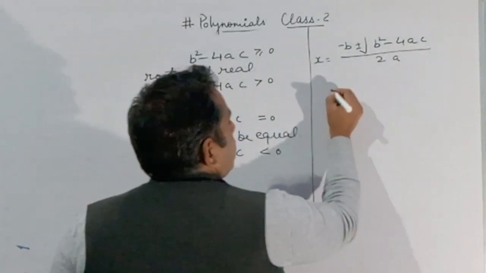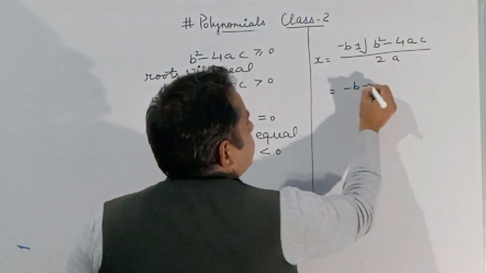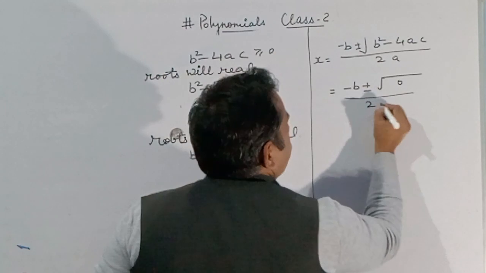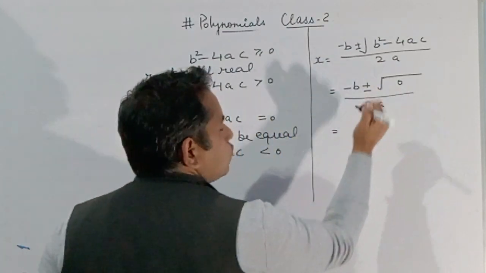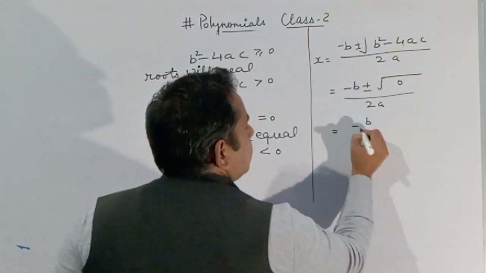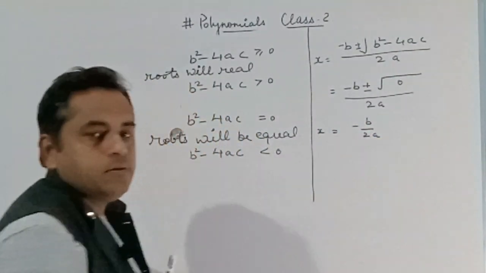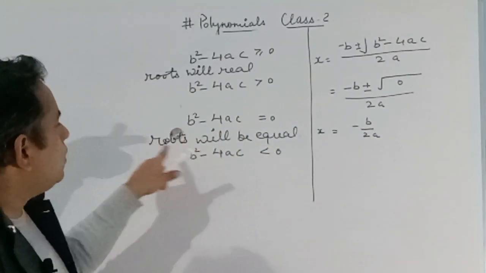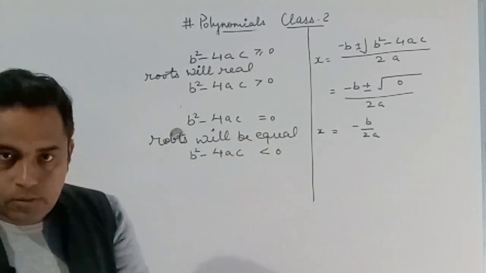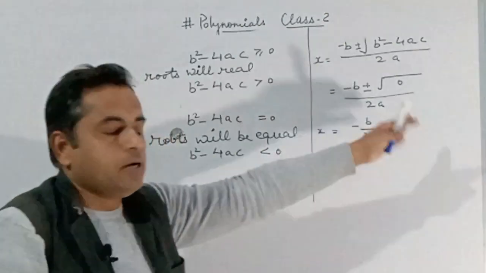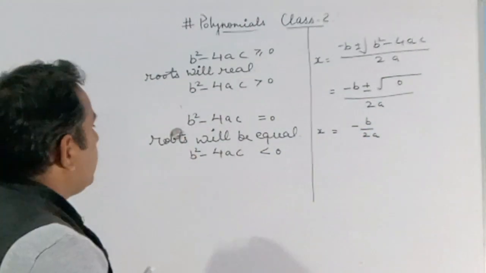See, if we put minus b plus minus under root, this is 0, then divided by 2a, this portion is 0, that means minus b upon 2a. Simple. Clear? That means here we will have equal roots, and in both cases we will have minus b upon 2a. Clear?